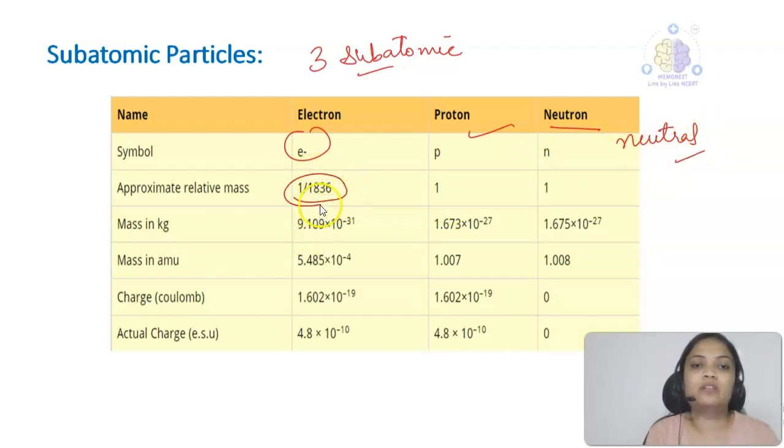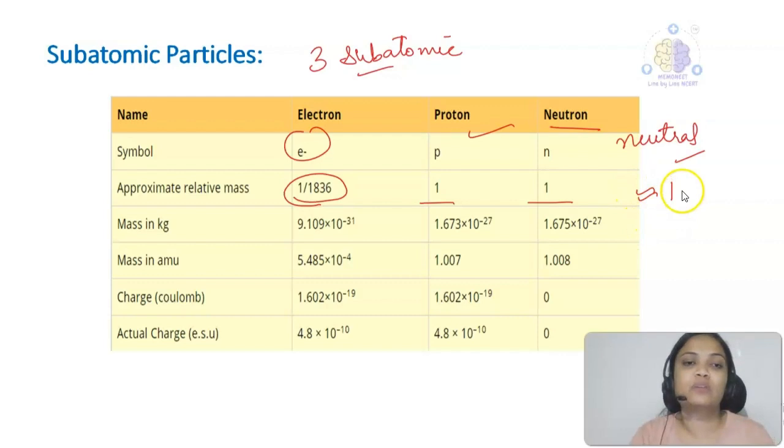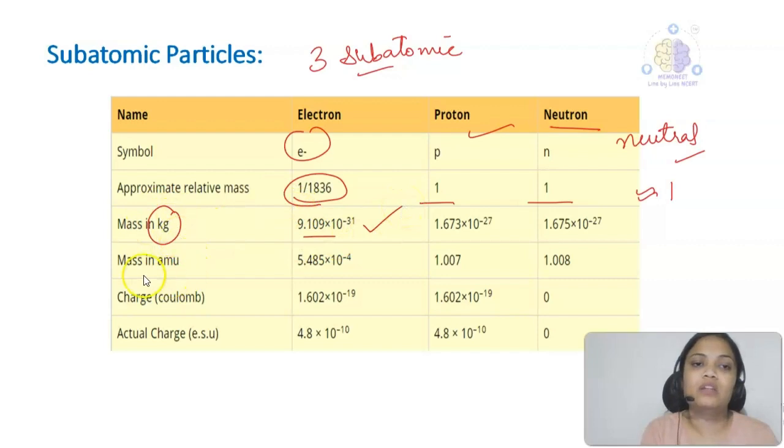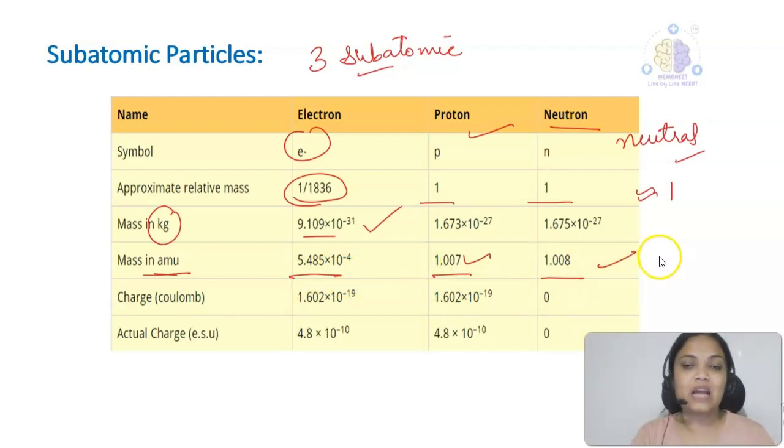The relative mass of proton and neutron is approximately equal, so we take it around 1, which is equal to the mass of a hydrogen atom, but the mass of electron is very less. The mass of electron is 9.109 into 10 to the power minus 31 kilograms. This is the mass given in AMU, which is the mass that we take in our calculations in atomic mass unit.